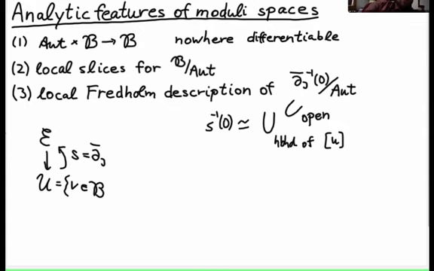So I'm going to take a local slice near that, and then I'm going to look at my D-bar operator only on the local slice.